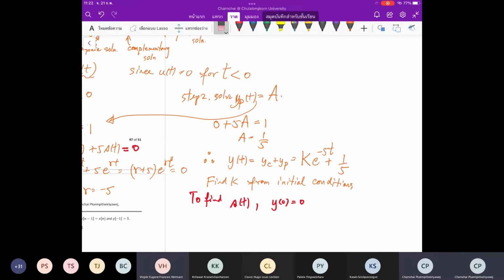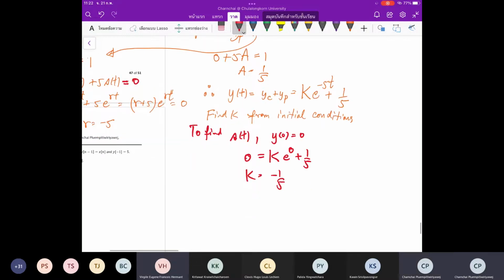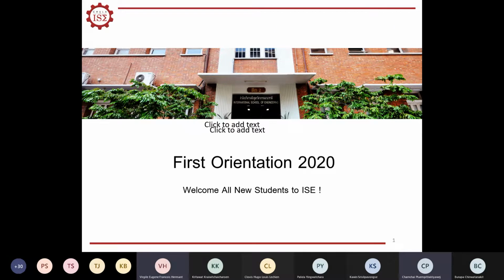So you're going to have 0 equals k times e to the 0 plus 1/5. So k is negative 1/5. Therefore, we have s(t), which is the unit step response, equal to negative 1/5 e to the negative 5t plus 1/5.